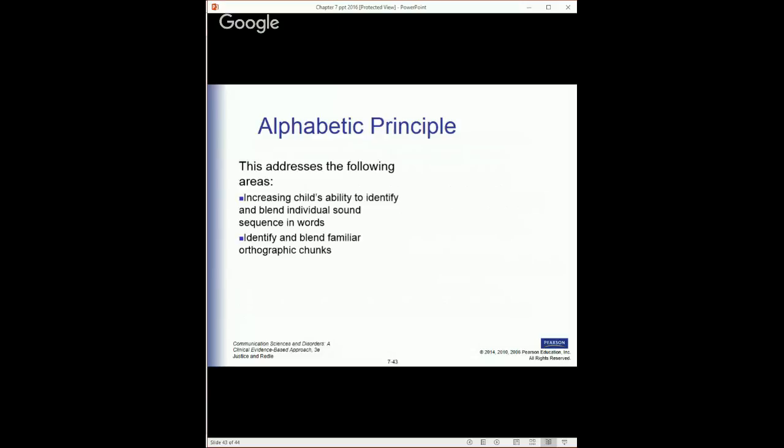So preview, meaning that you're going to watch something before or learn something before. To recognize words as whole units. To make analogies from known words to unknown ones, such as sight to fright.